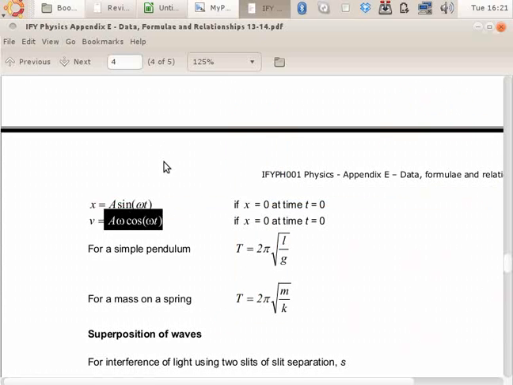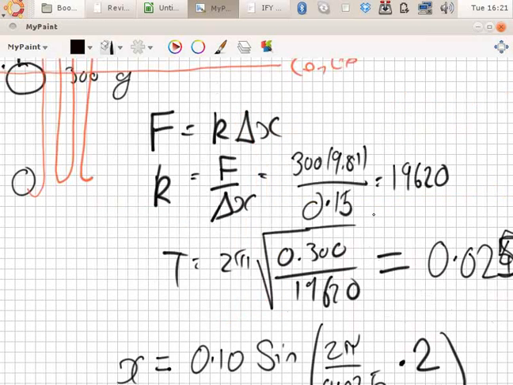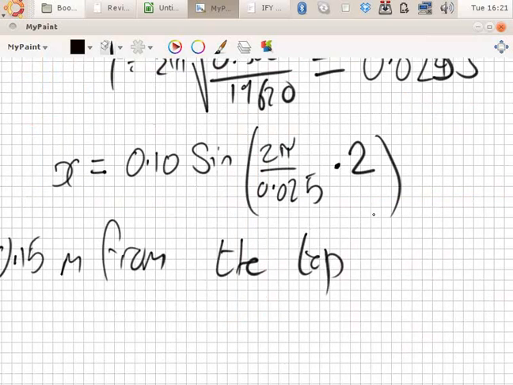So, if you still have it on your calculator, all you have to do for me is replace the sine with a cosine. Cos of 2 pi over 0.025 times 2, that is a positive number, therefore it's going up.